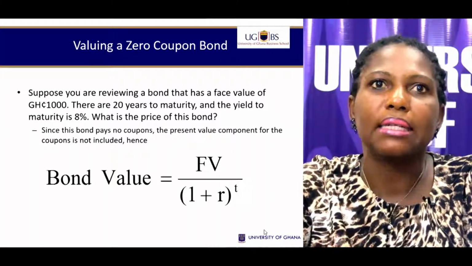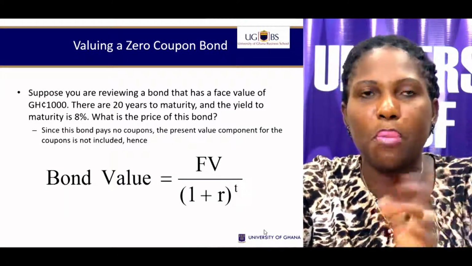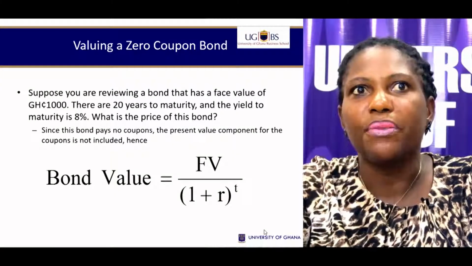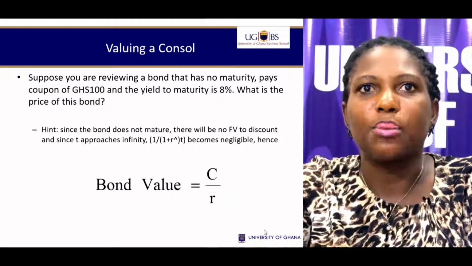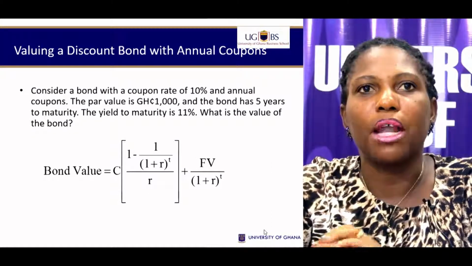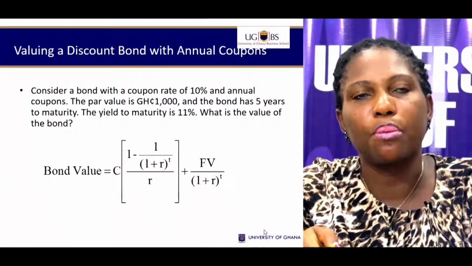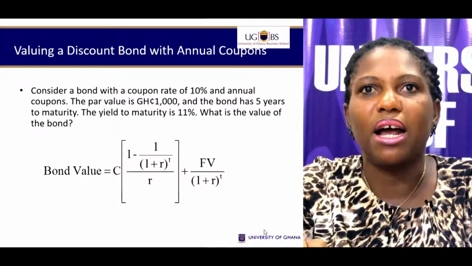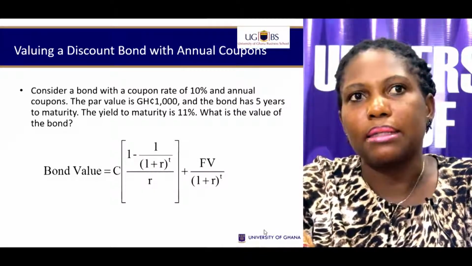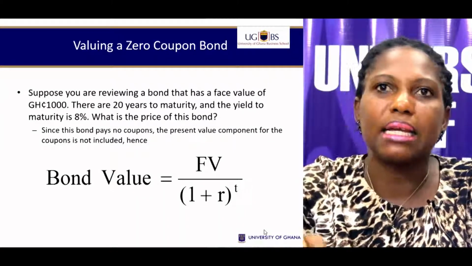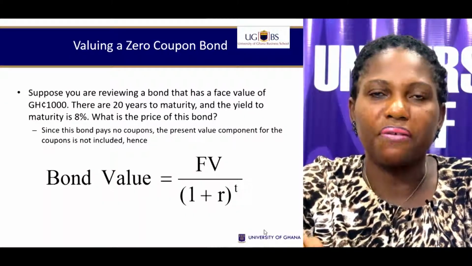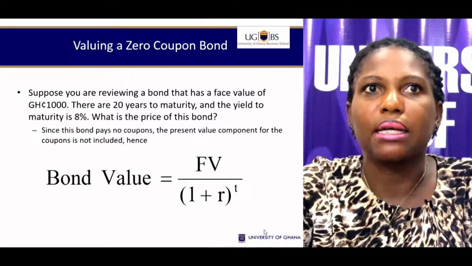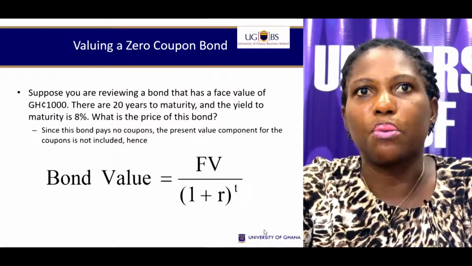Now, on the other hand, in the event that the bond does not pay coupons but it has a face value, then the basic formula, which comprises the coupon component, disappears. And so the bond value for a bond that doesn't pay coupons is only reflected in the discounting of the face value given the required rate of return, so that the present value component for the coupons is not included.